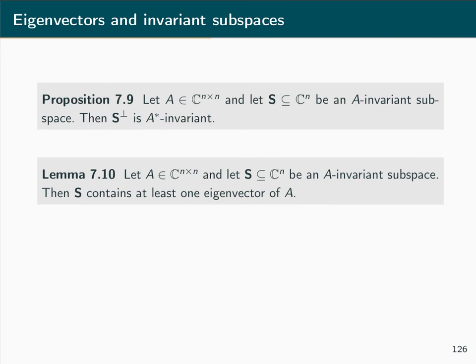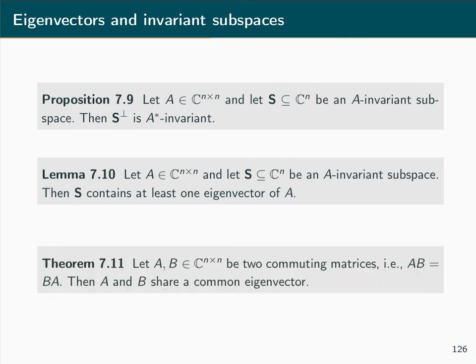The next result is lemma 7.10, which states that if A is an n by n matrix and S is an A-invariant subspace, then S must contain at least one eigenvector of A. And we omit the proof of lemma 7.10 here.